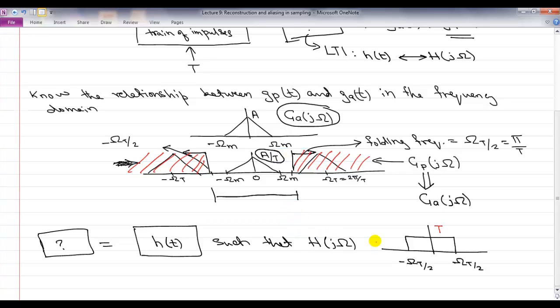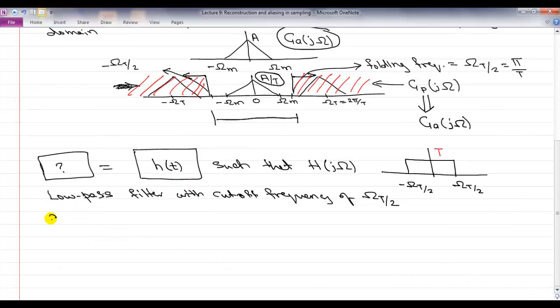So what kind of a filter is this? Effectively, what we want is a low pass filter with a cutoff frequency of omega t by 2 and with a scale of capital T. Okay.